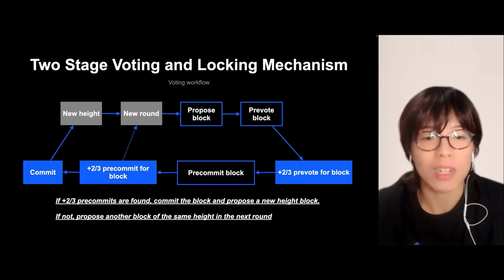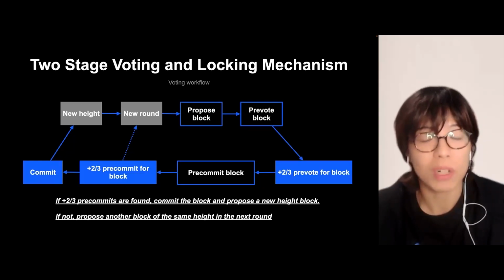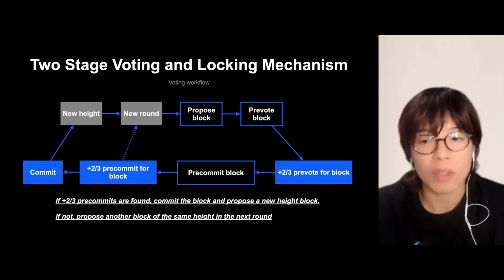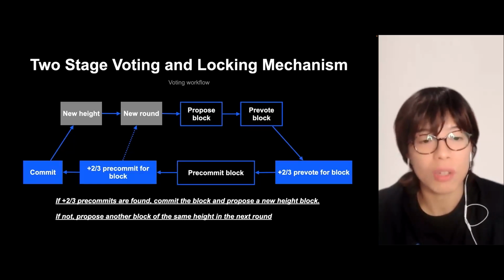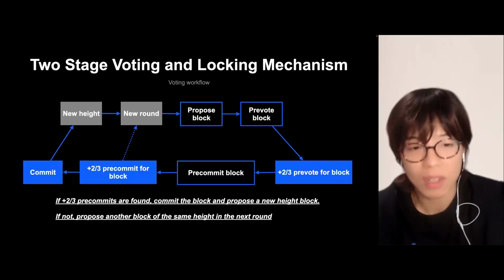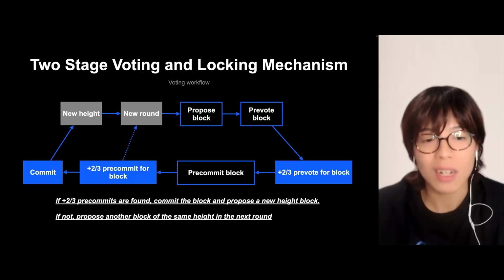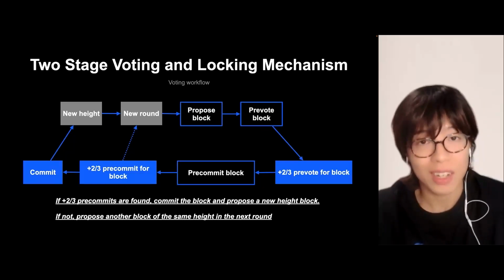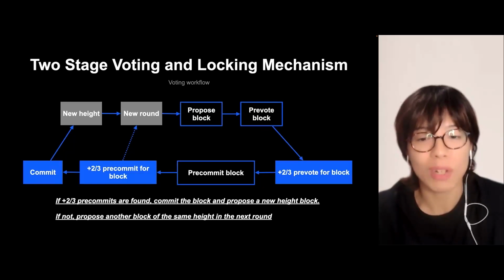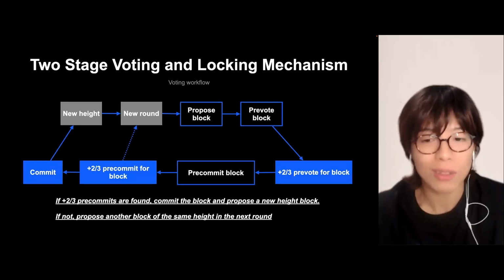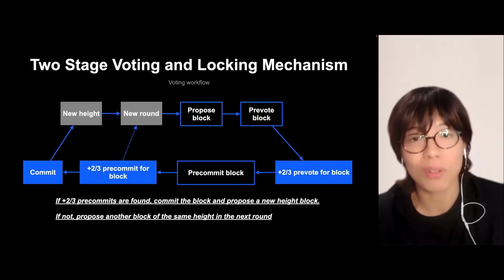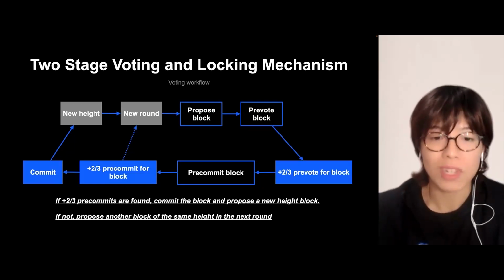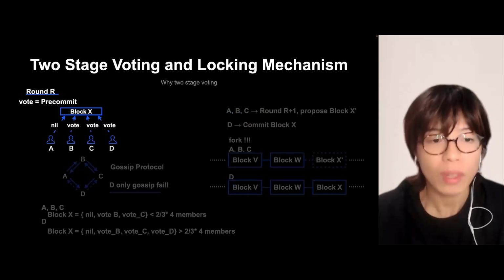Within a given time, once the pre-commit gathers 2/3, a different block at the same height may get proposed. Why 2/3 is enough, I will explain later. In the second voting, you cannot vote for the next block anymore. One can agree to only one block. Why a two-stage voting is essential, I will explain in more detail.